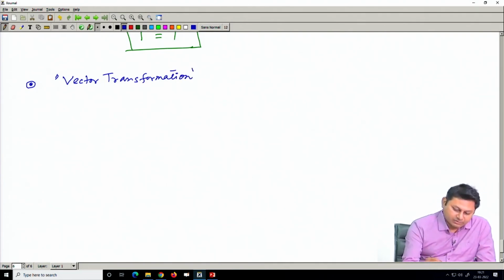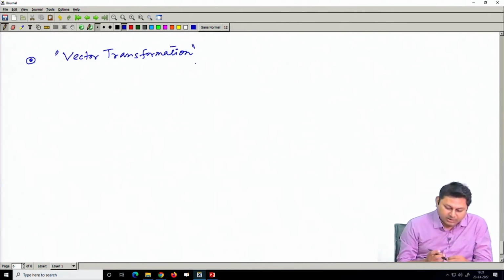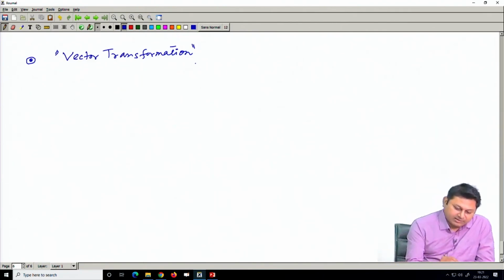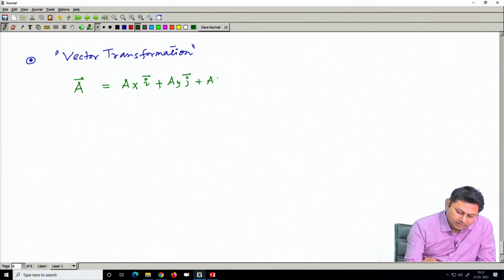Vector transformation. So, what does vector transformation mean? That is the important thing. The same vector A in the Cartesian coordinate system I write as A x i plus A y j plus A z k.